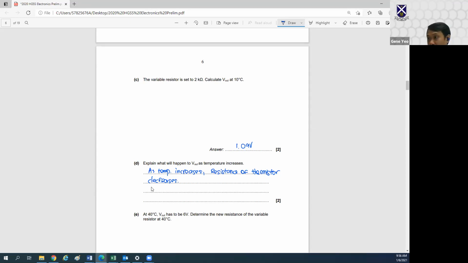Therefore, V out will increase as R thermistor decreases.